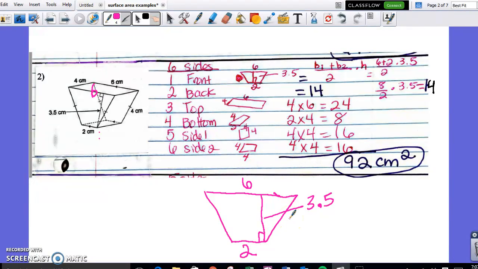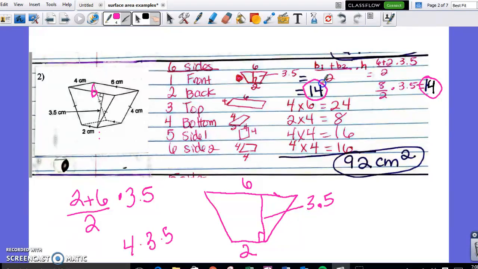What's the average base? Okay, so from there, you're going to have 2 plus 6 over 2 times the height, which is 3.5. This is 8 divided by 2, which gives you 4 times 3.5, the height, and that's going to be 14. That's for the front and the back.